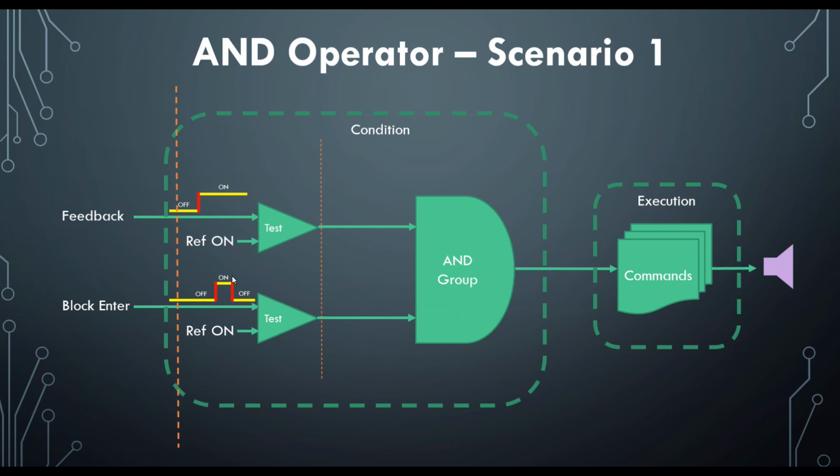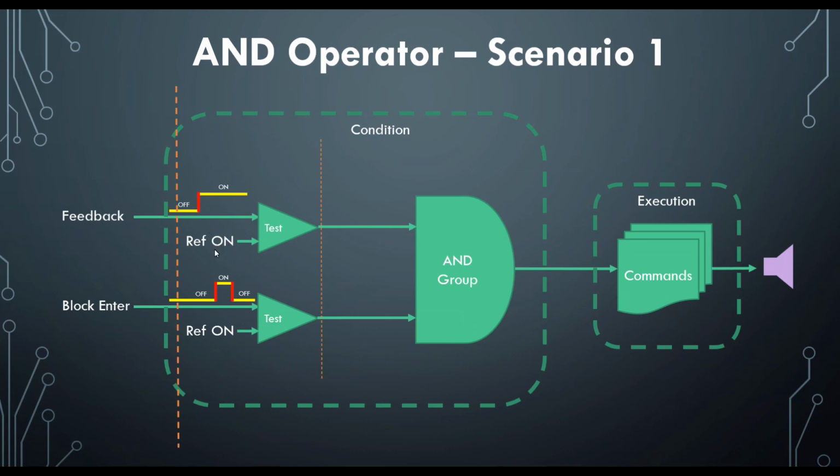So with practice, you can already tell that this scenario will execute. Where we often make mistakes in actions is not noting or forgetting that one of the inputs has a reference state which is the off state, and that does affect when the action will execute, as we will see later.